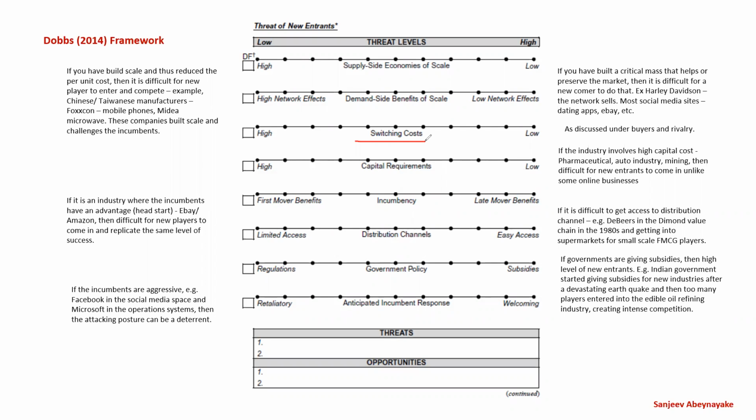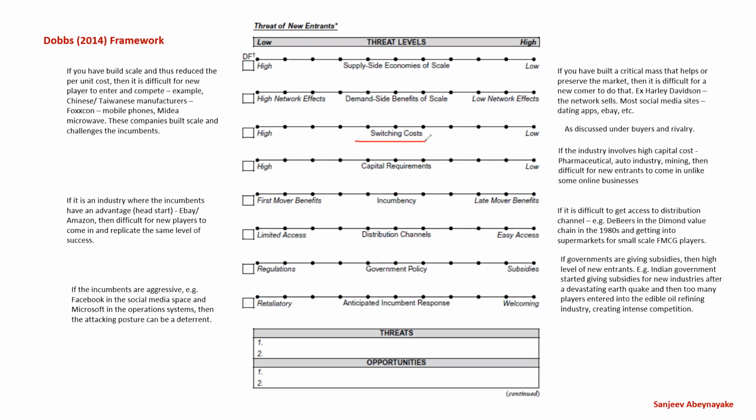So in any B2B situation, that kind of switching cost is a deterrent for somebody to enter. And that cost is not only financial, it's the hassle, it's the inefficiencies that it might bring, all that acts as a deterrent. So when the switching cost is very high, then the threat of a new entrant is low.